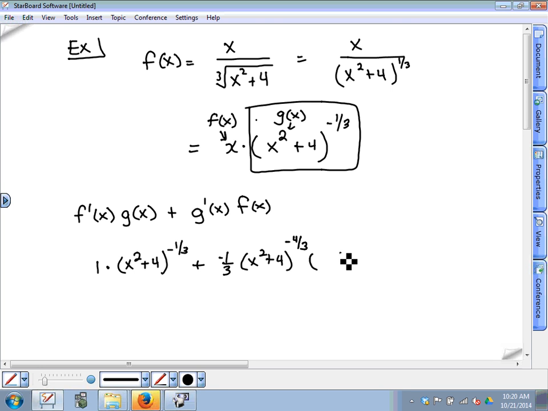Negative 4/3. But now we multiply that by the derivative of the inside function, that's 2x. And now we have to multiply that by the f function, which is just x.